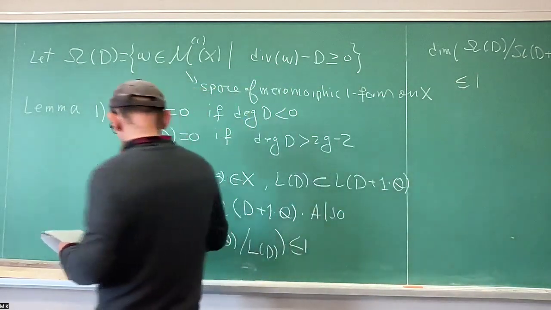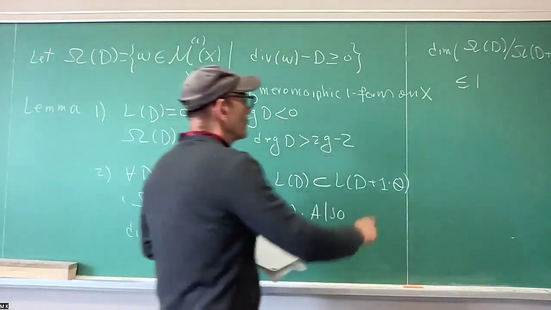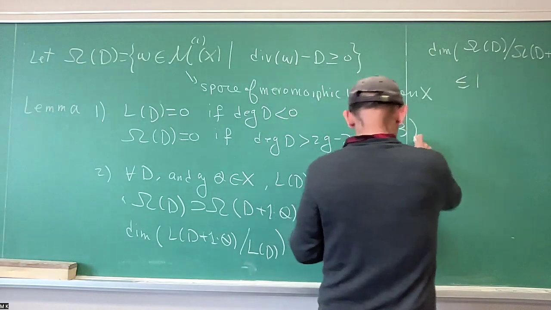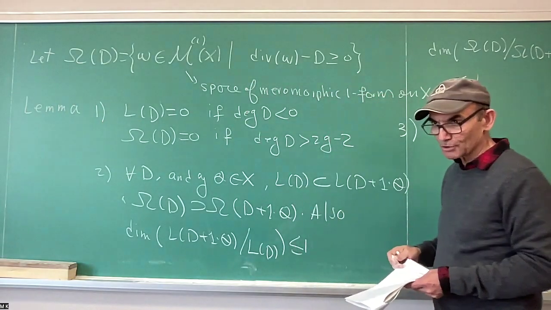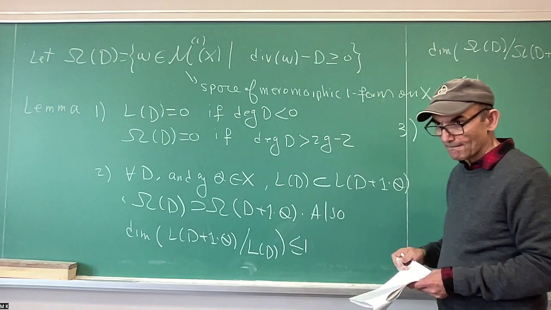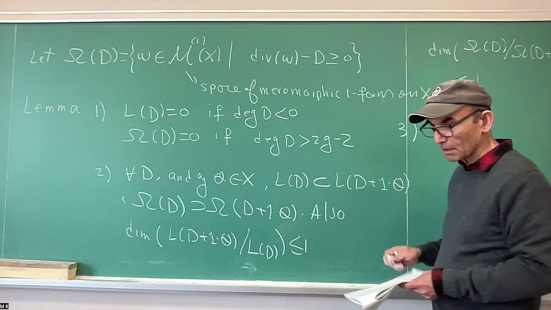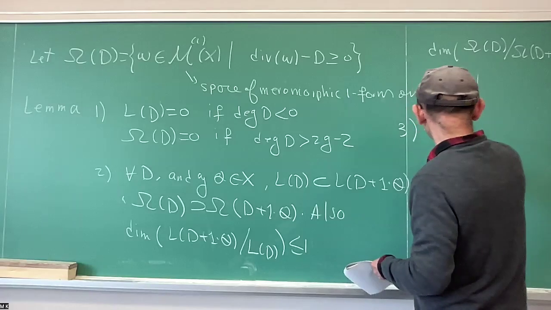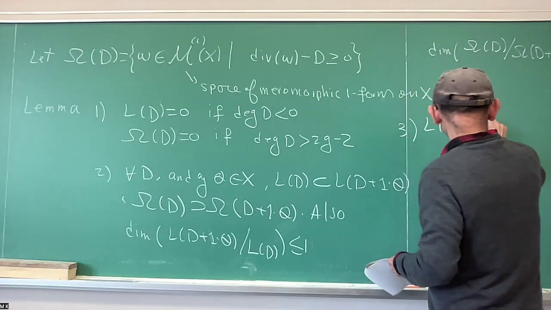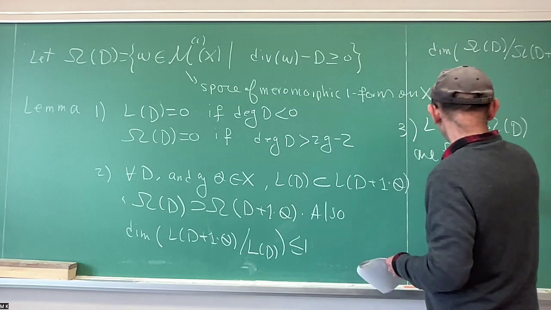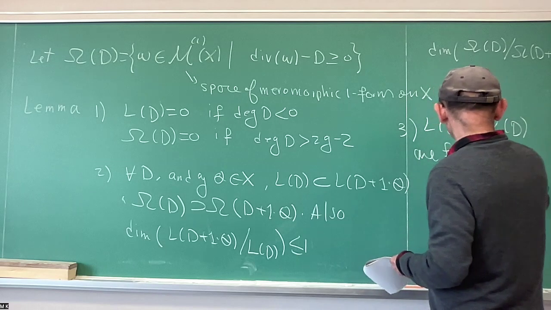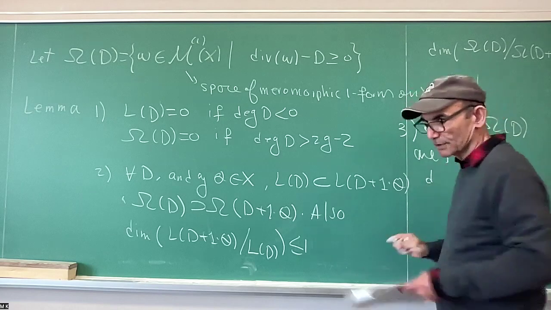Yes, that's right. And statement 3 is that L of D and omega of D are finite dimensional. And this is really amazing. L of D and omega of D are finite dimensional complex vector spaces.